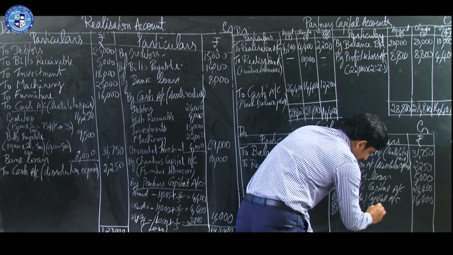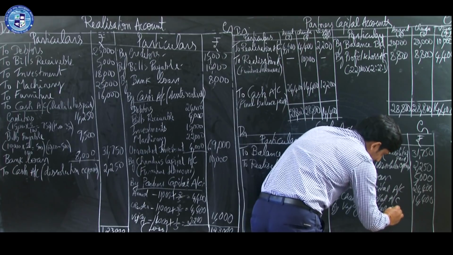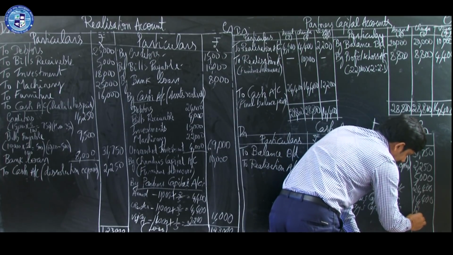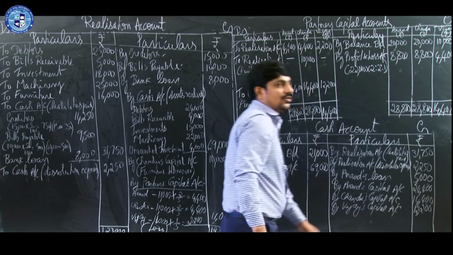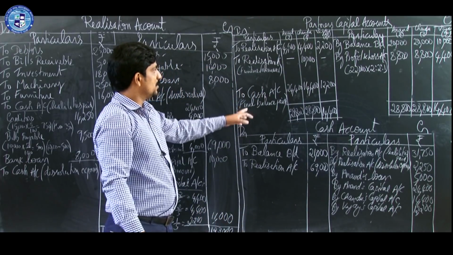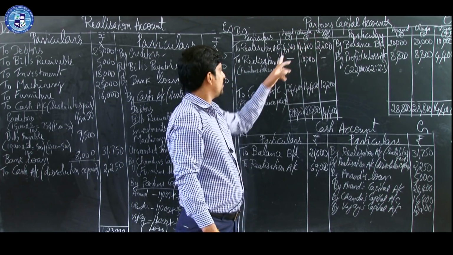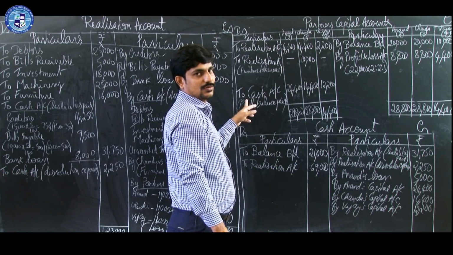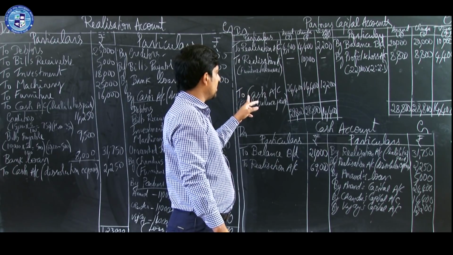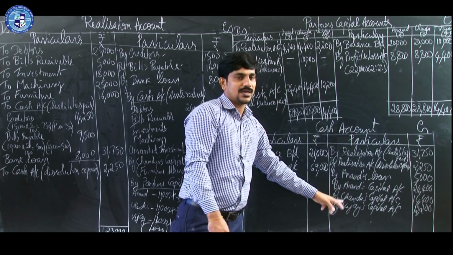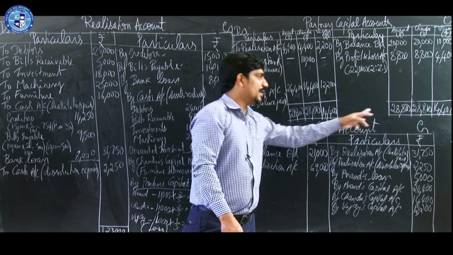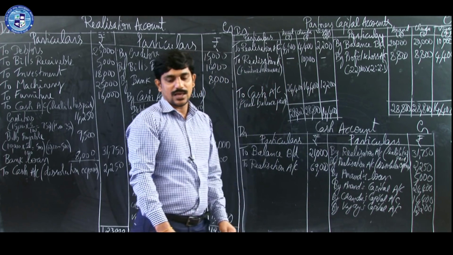Vijay's capital account: 12,200. So the entry is partner's capital account debited to cash account, so the cash account is credited by partner's capital account.